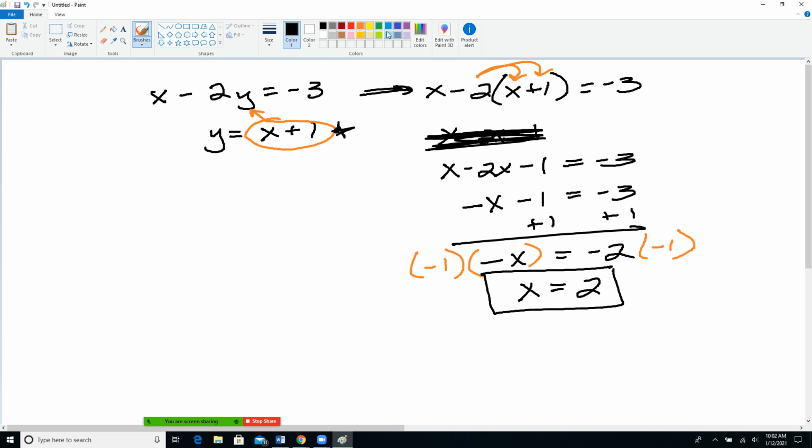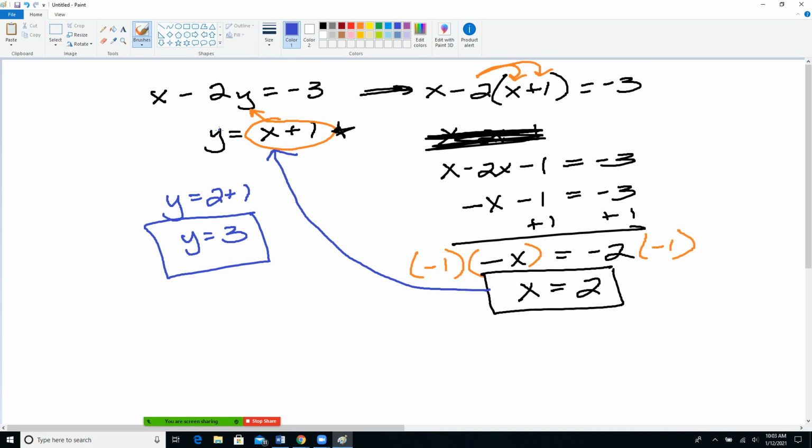Now I'm going to plug that right here. Y equals 2 plus 1. Y equals 3. Now I'm going to plug both of these back in to check my answer. 3 equals 2 plus 1. So I plugged it back into here. 3 equals 3. That checks out.